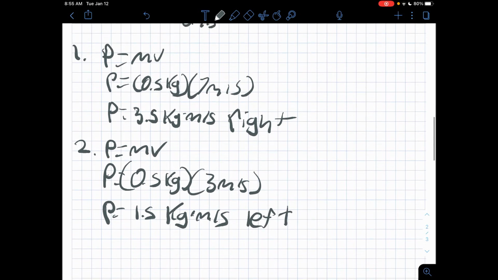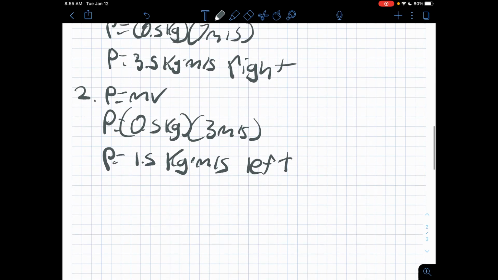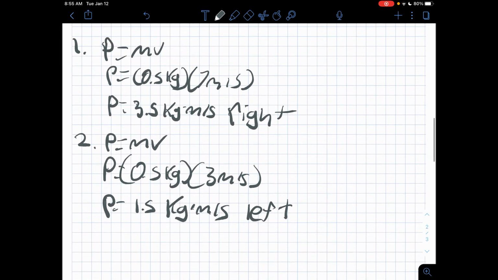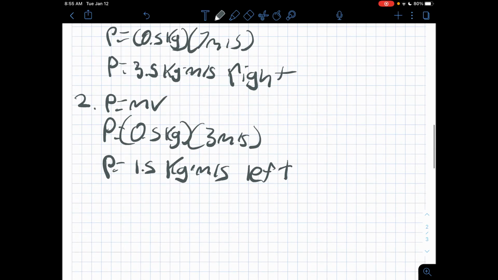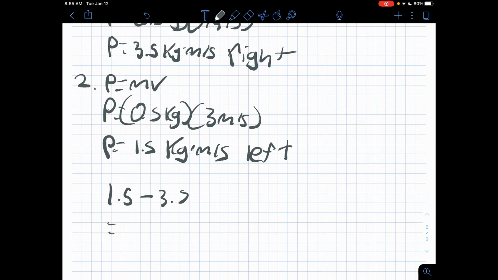So you want to find out what the total change in momentum was. You take the final momentum, which was 1.5, and you subtract it from the initial momentum, which was 3.5. And you're left with a change in momentum of -2 kilograms times meters per second.